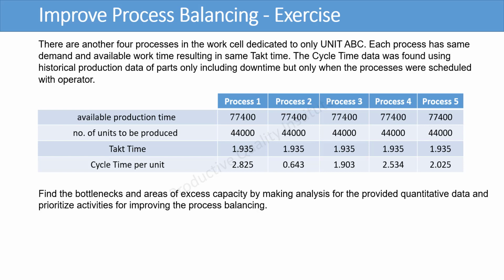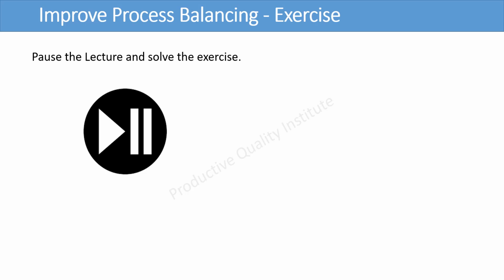Find the bottlenecks and areas of excess capacity by analyzing the provided quantitative data and prioritize activities for improving the process balancing. Please pause the lecture and solve the exercise.